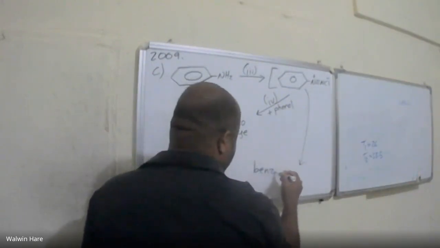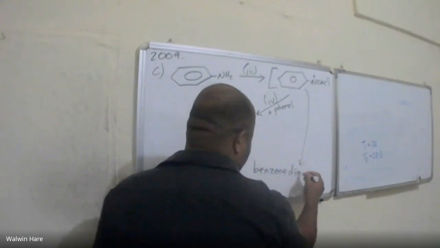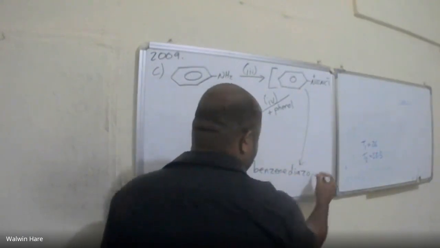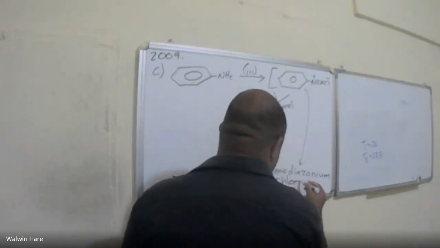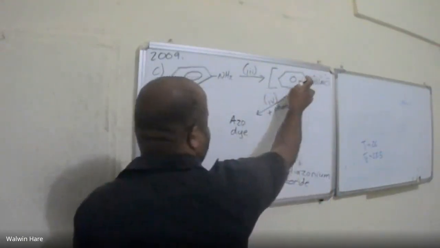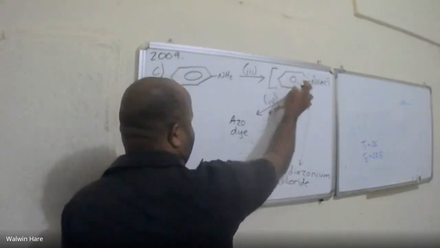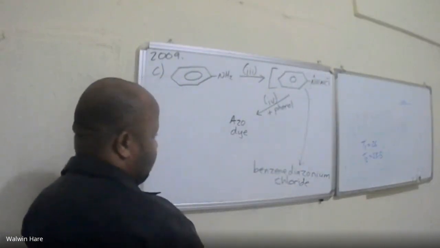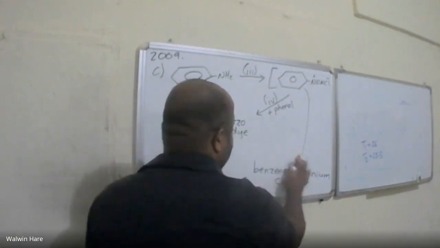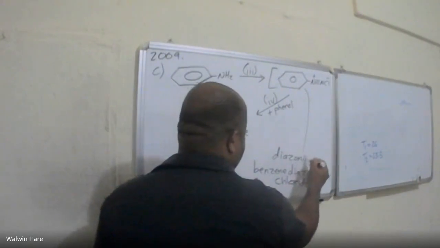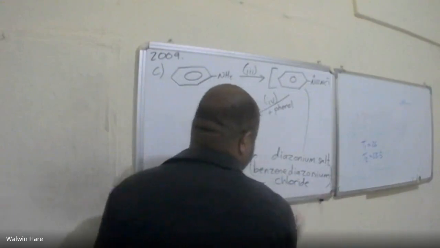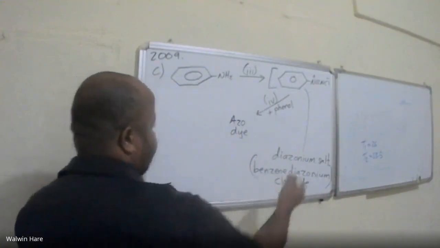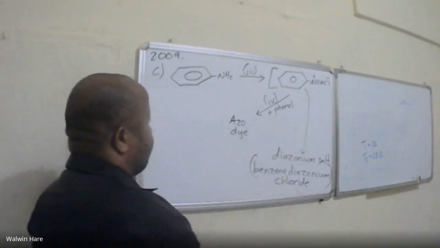It's benzene diazonium chloride. So the name of this diazonium salt is benzene diazonium chloride. All right.